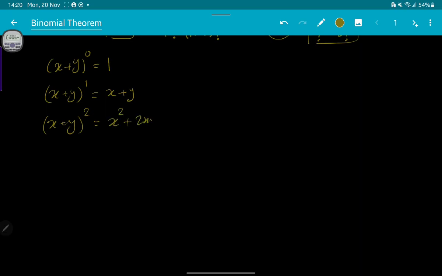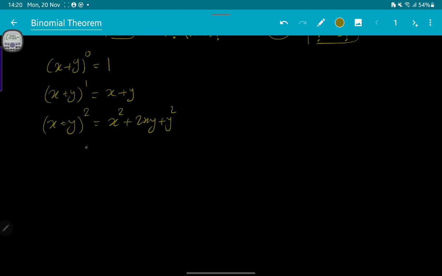Now we have the expansion. If we have x plus y power 0, anything to the power of 0 would be 1. X plus y power 1 will keep it x plus y. X plus y power 2 will give us x squared plus 2xy plus y squared.